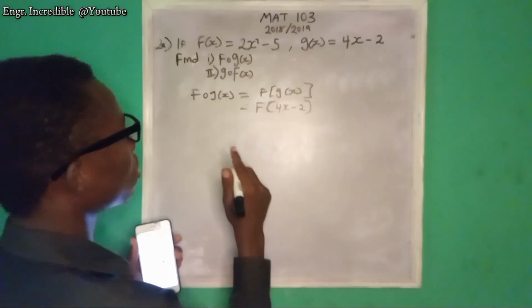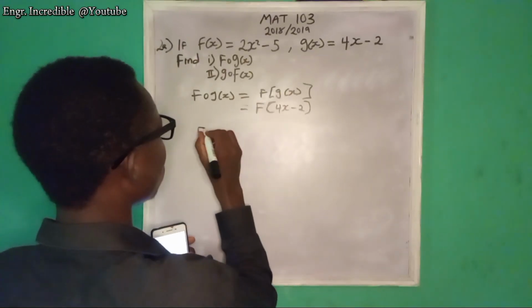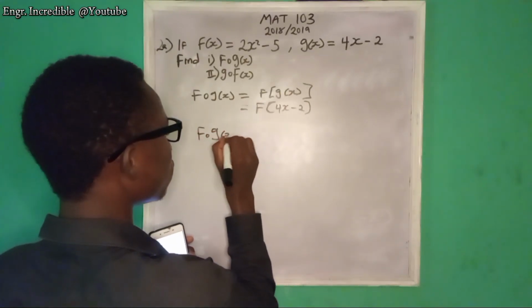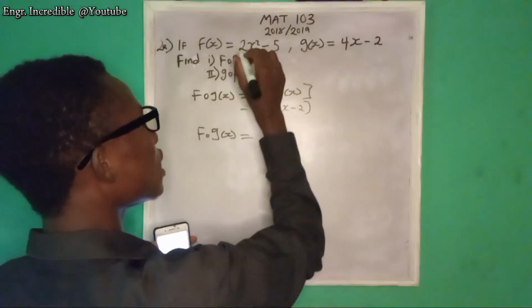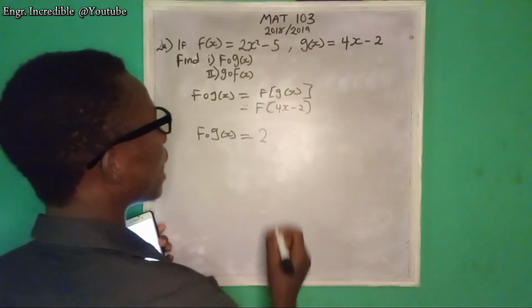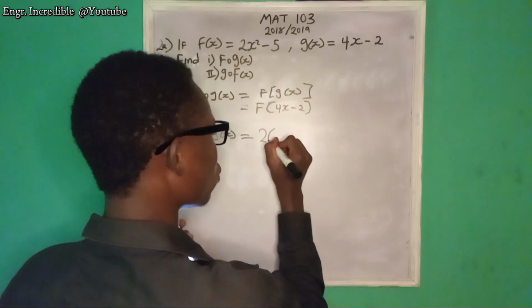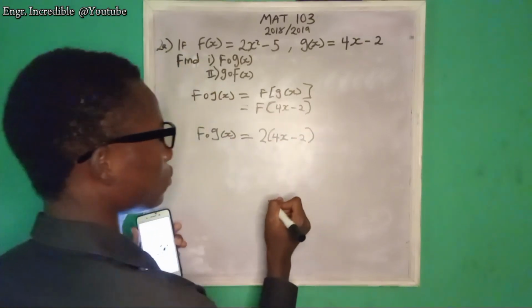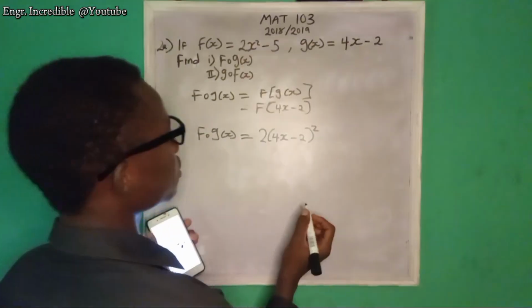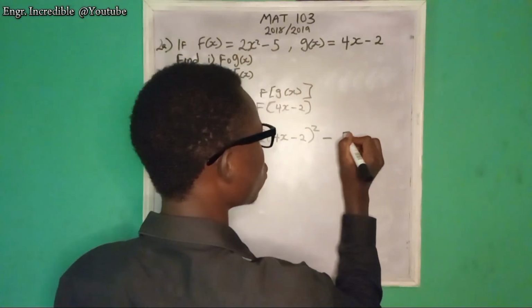So when we put it here, we will have f o g of x equal to 2, and the x here will be replaced by 4x minus 2. So we'll put in brackets 4x minus 2 all squared, because the x there is squared, then minus 5.